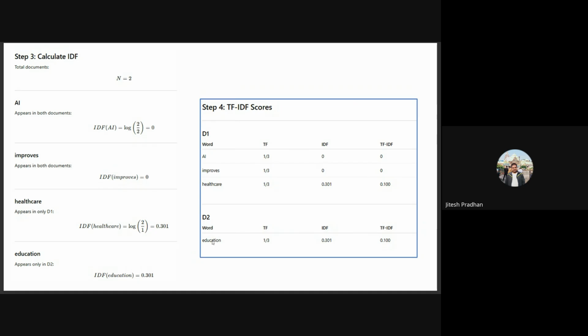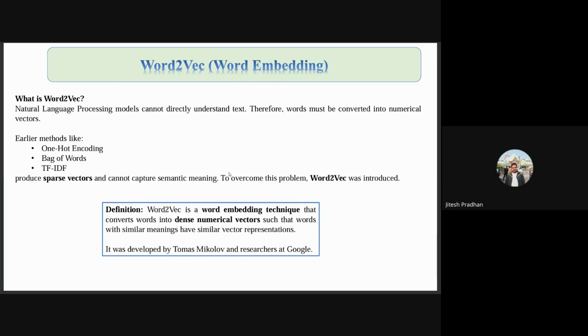Education is just another word: it is 1 by 3 and IDF is 0.301, so multiplied we get 0.100. So these are the TF-IDF values, and they can be treated as features. Okay, up to this point it is clear. If you have any doubt, you can ask me.